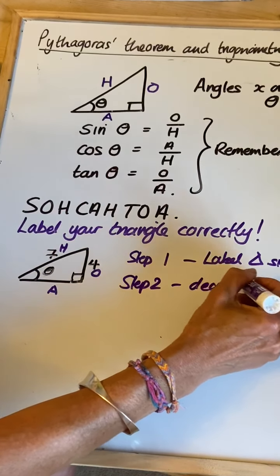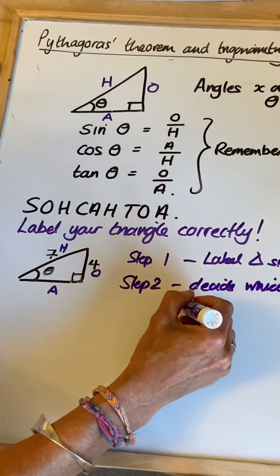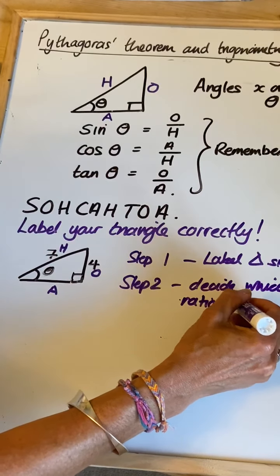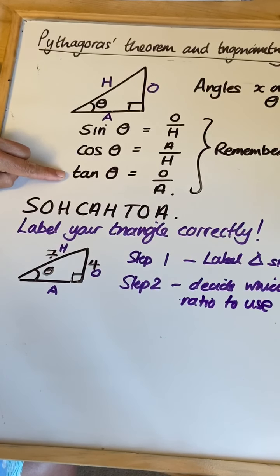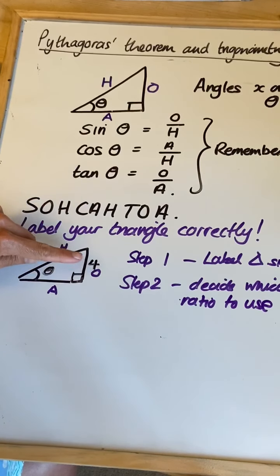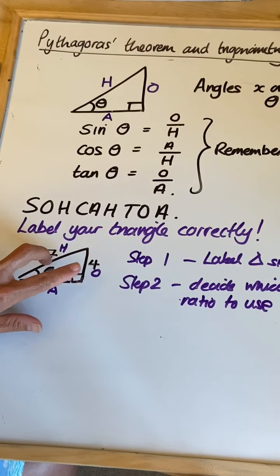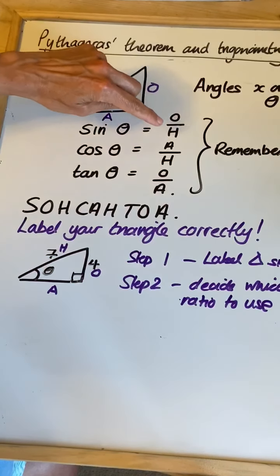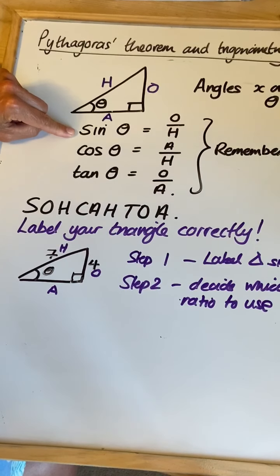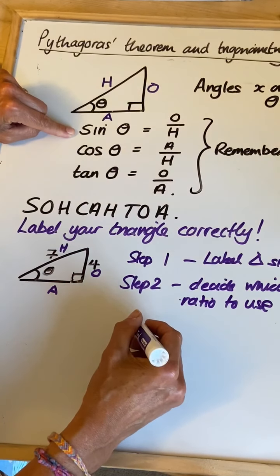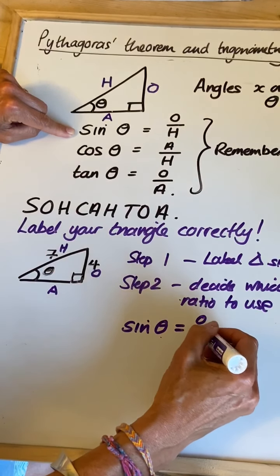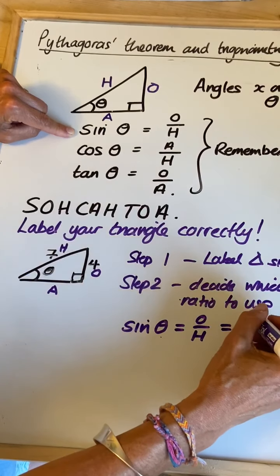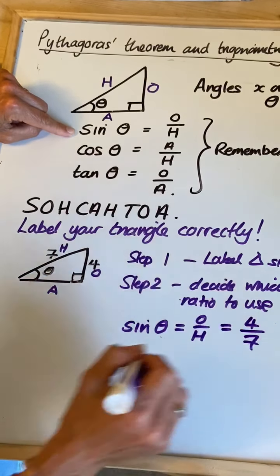Step 2, decide which ratio to use. The ratios that you have got are sine, cosine and tangent. You look to see which sides you've been given, and the sides that you've been given here are the opposite and the hypotenuse. The opposite and the hypotenuse are in the sine ratio, so in this case we're going to say sine theta is equal to opposite over hypotenuse. So in this question, that's going to be 4 over 7.